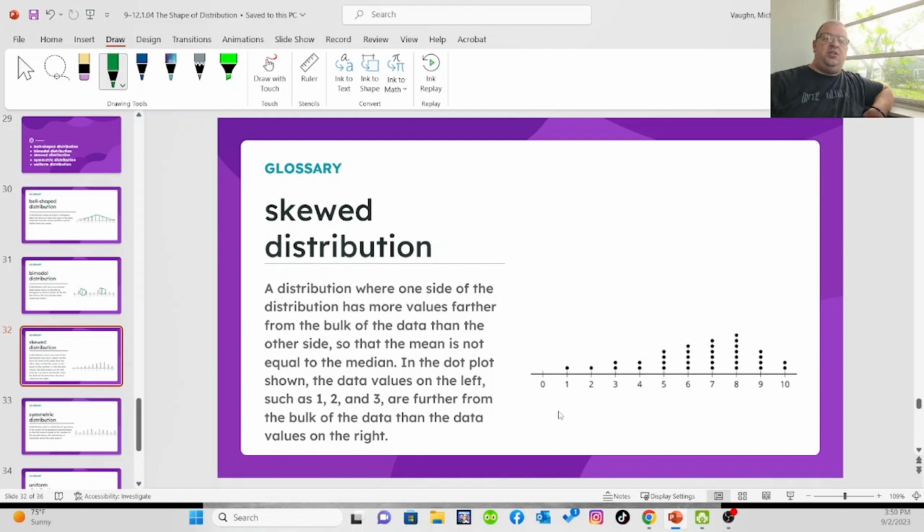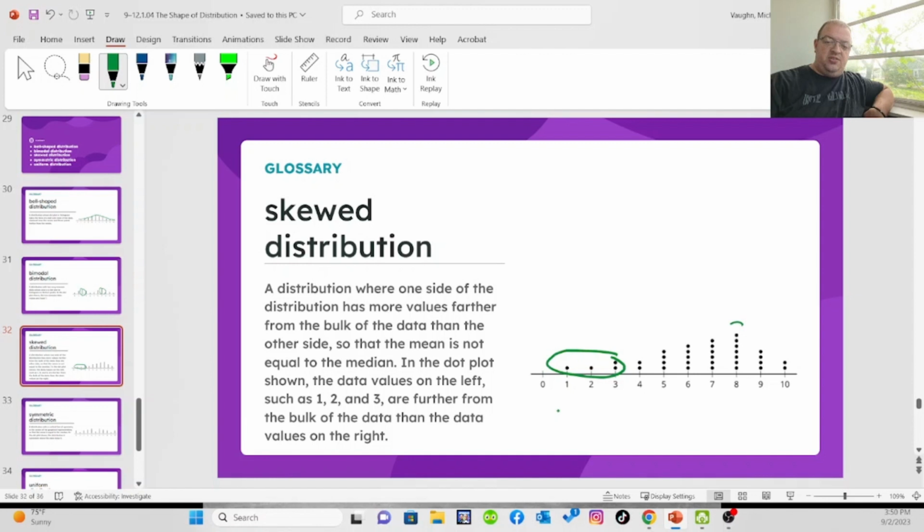A skewed distribution is one in which one side of the distribution has more values farther from the bulk of the data than the other side, so that the mean is not equal to the median. In the dot plot shown, the data values on the left, such as 1, 2, and 3, those down here, are further from the bulk of the data than the values on the right.